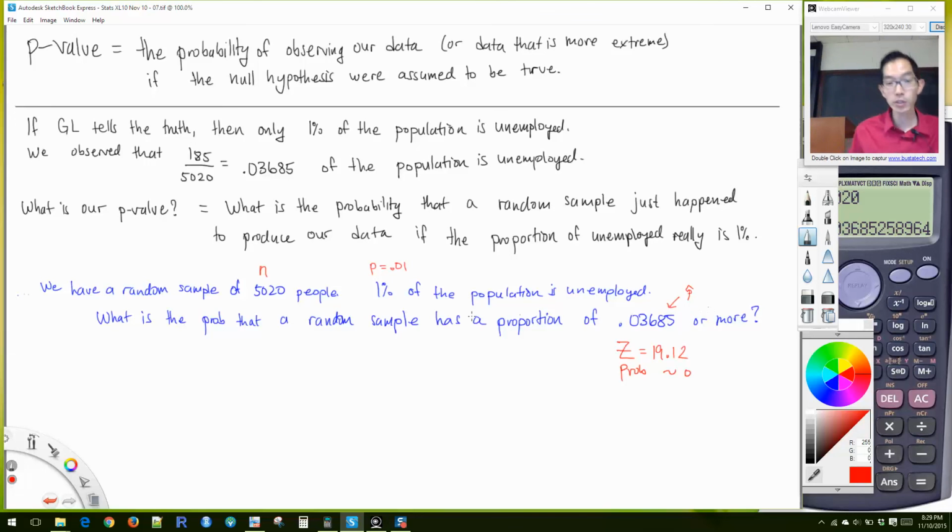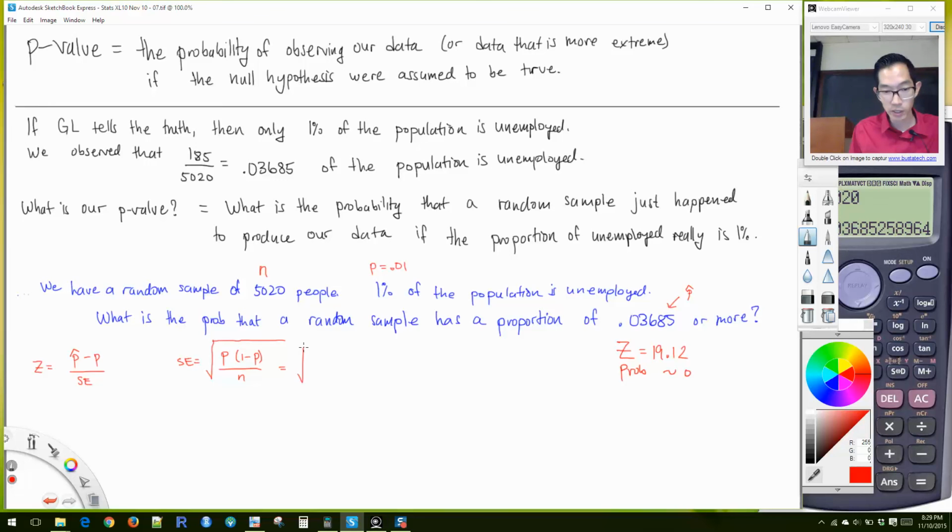To answer a question like this, we have to find our z-score, which is p hat minus p divided by our standard error. Our standard error uses our p, so we use 0.01. I'll write out the formula: the square root of p times 1 minus p over n.